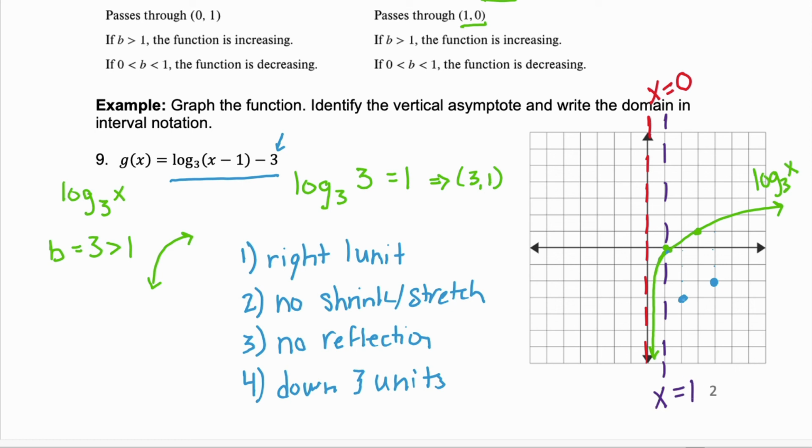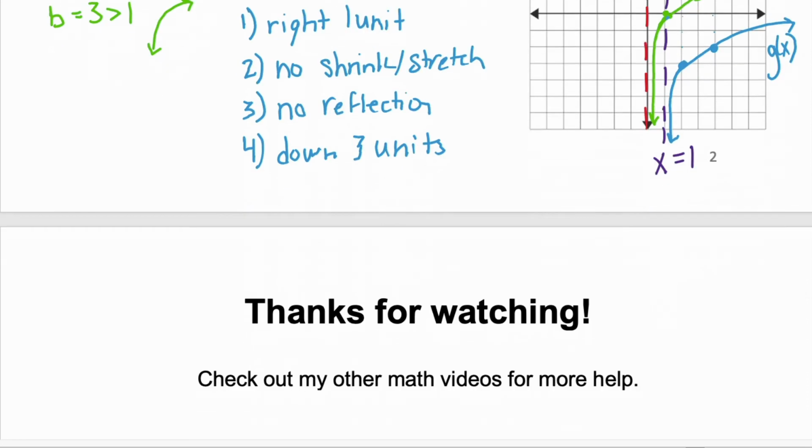So we know that the left side of our transformed graph is going to approach that vertical asymptote, and then we can draw the right-hand side. Make sure you also label that function so your instructor can tell the difference between your mother or parent function and your transformed function.